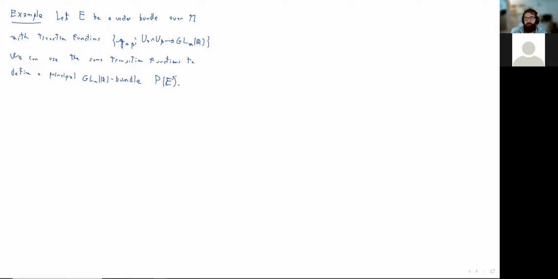So the principal bundle associated to the vector bundle E. And how do we obtain this? Well, we know that if you have something which satisfies the cocycle conditions, and a given fiber, in this case GLN, then you can make a principal bundle out of it. And that's it. That's the one, P.